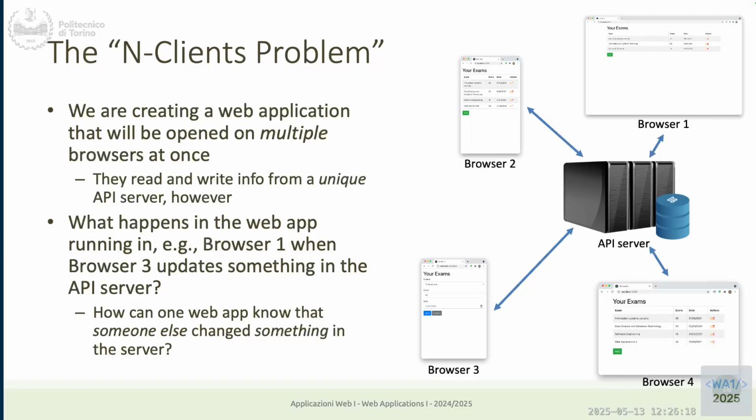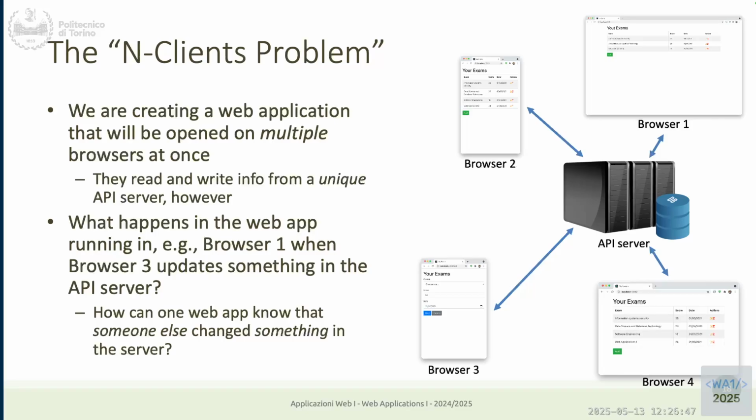I saw many cases in past exams of a client application increasing some number which is stored in the server. And this is a bad error. Like, for example, when I am creating a new answer or a new question, the client creates the ID of the new question by taking the last ID plus 1.